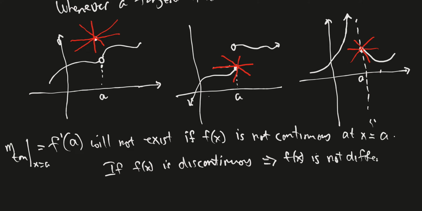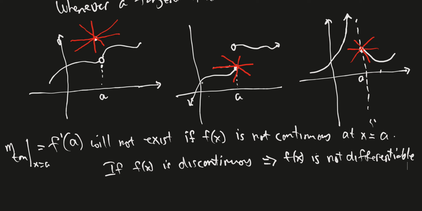So the word differentiable here is used to describe whenever one of these limits would exist. So if the function is not continuous, then it's not going to be differentiable at that point, right? Okay. So those are a couple of things to look for, and these are things that we've already learned how to identify.